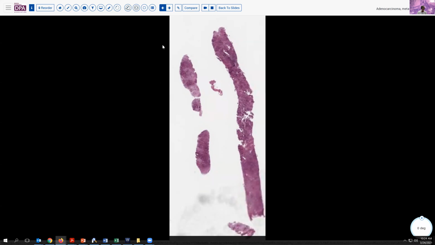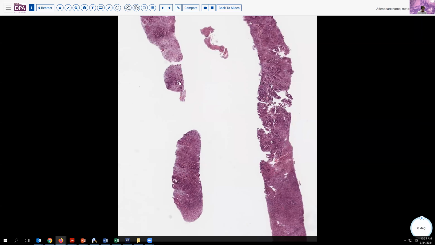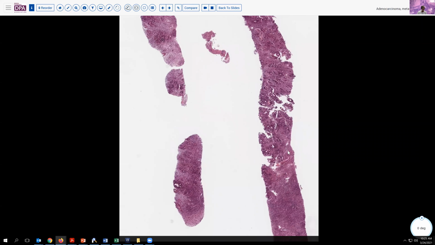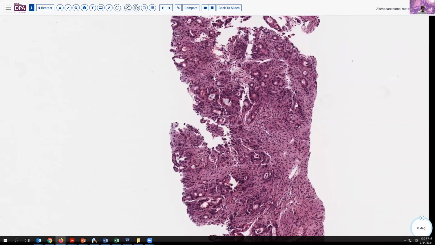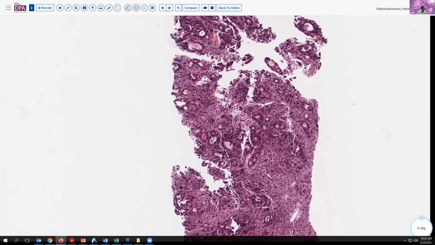So the tissue that seemed to be most accessible was a radiographically obtained biopsy of the pelvic mass, and this is what we found with that. As you can see, we have a core of ovarian type tissue, and within this tissue are a number of fragmented and small glandular structures, somewhat interspersed in the tissue.